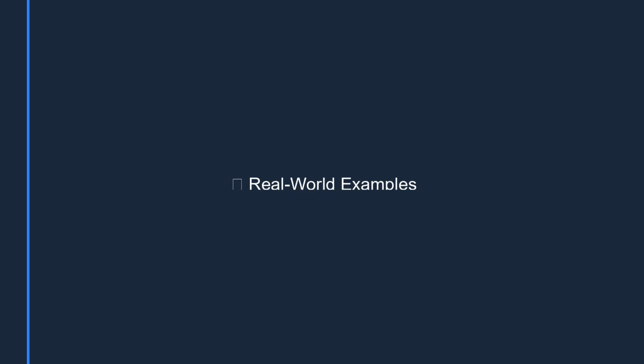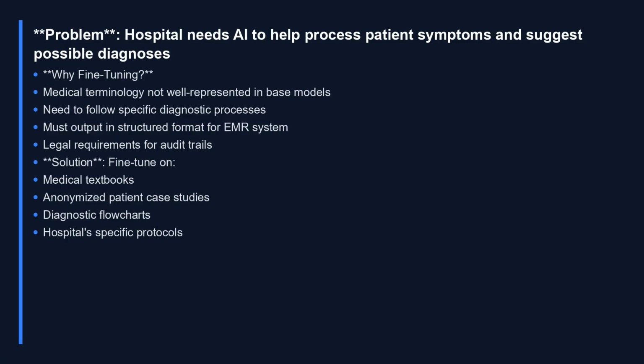Real-world examples. Consider a hospital deploying AI to assist with symptom triage and diagnostic suggestions. The base model problems are stacked. Medical terminology is underrepresented in general training data. The model needs to follow specific diagnostic decision trees.